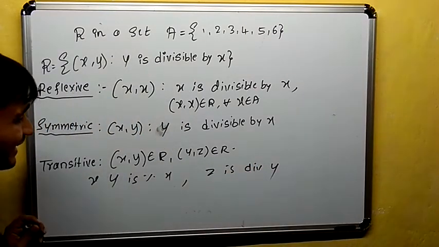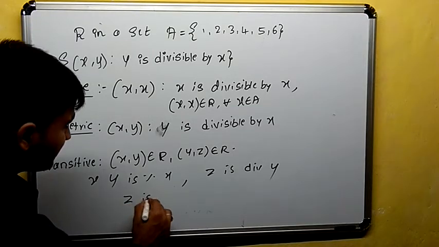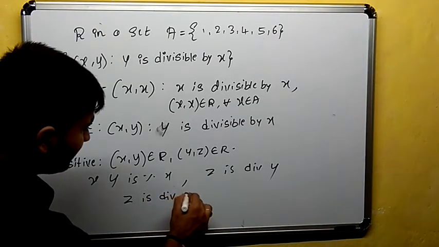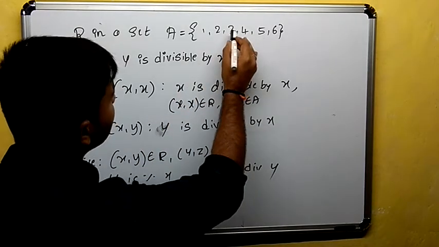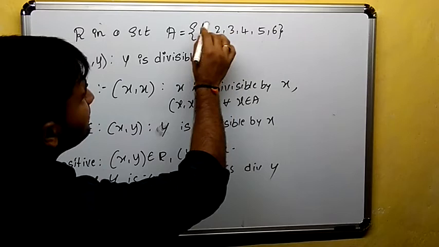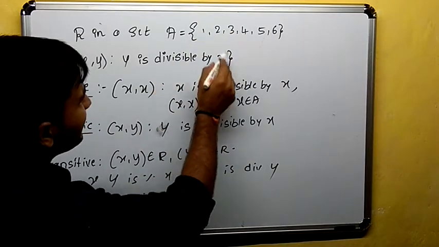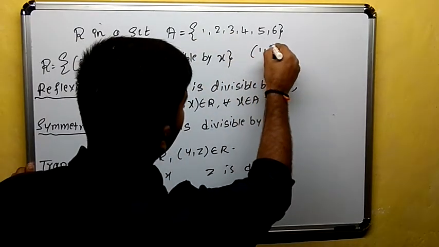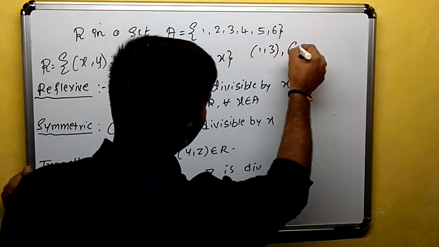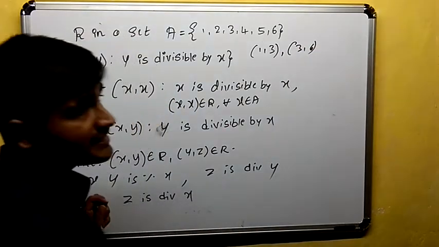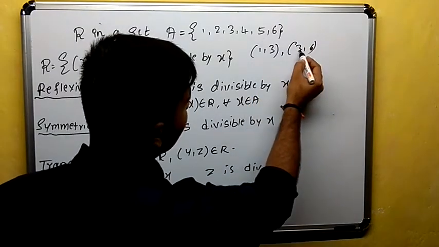Therefore you can clearly say z is divisible by x. If 3 is divisible by 1, y is divisible by x, I will consider the ordered pair (1, 3). 3 is divisible by 1. Similarly I will choose (3, 6). 6 is divisible by 3.